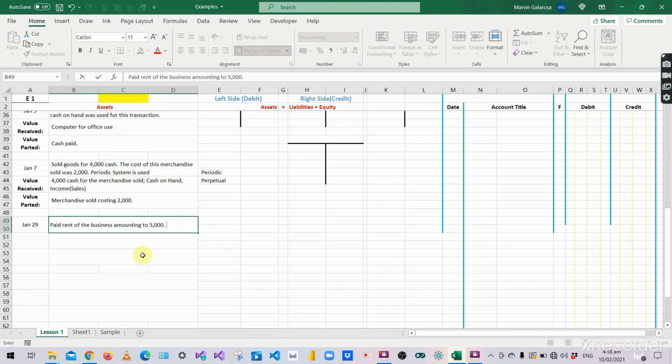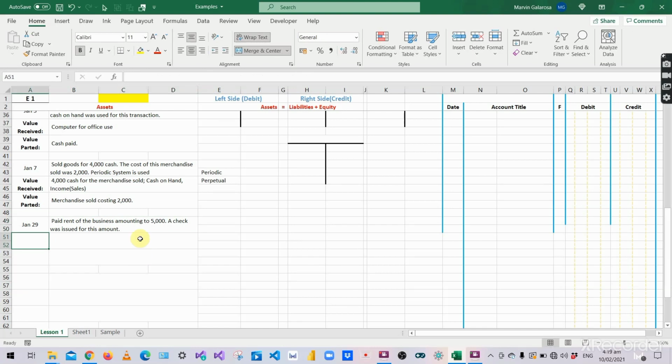Dagdagan natin ng additional information. A check was issued for this amount. So, ang ginamit mo is yung pera sa bangko sa pagbayad ng rent.